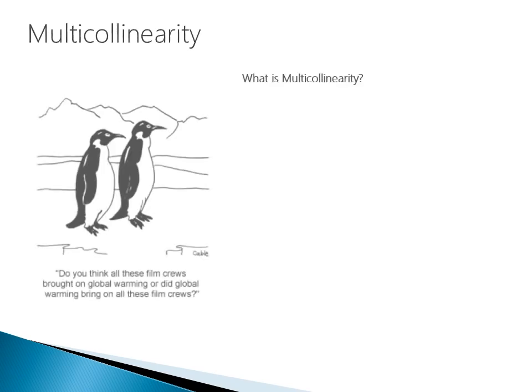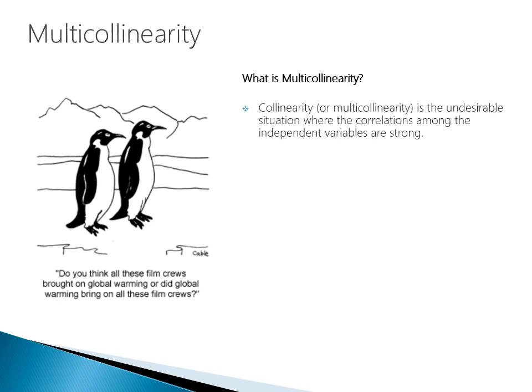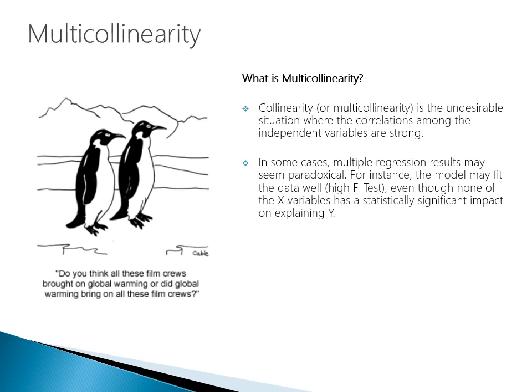The concept of multicollinearity is an important one to understand with the regression diagnostics. Collinearity is the undesirable situation where the correlations among the independent variables are strong. In some cases, multiple regression results may seem paradoxical.